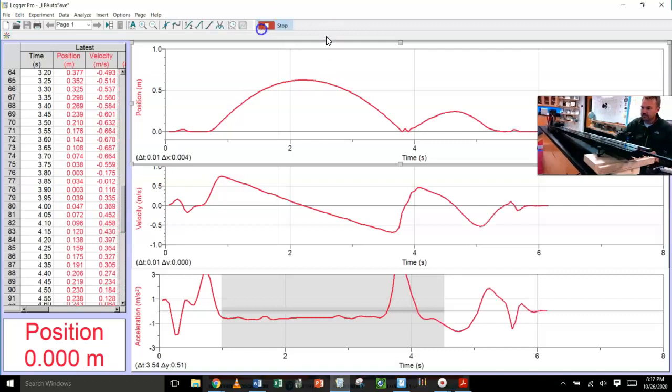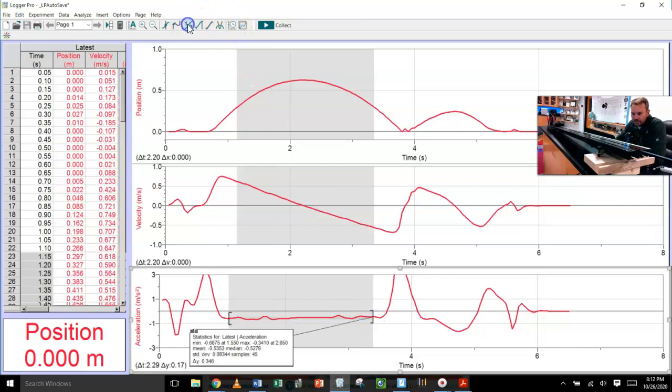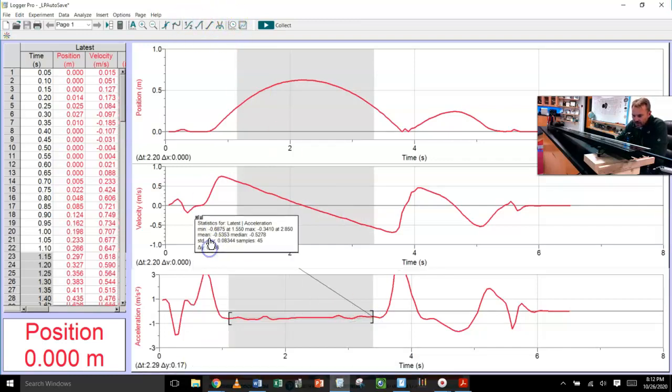Got some good data. So I'm going to highlight this section right here, and I'm going to find the average again. So my average is negative 0.535. Let's boost it up one more time and try her again.